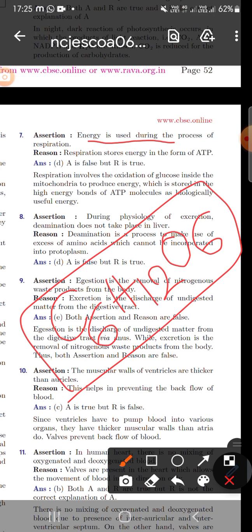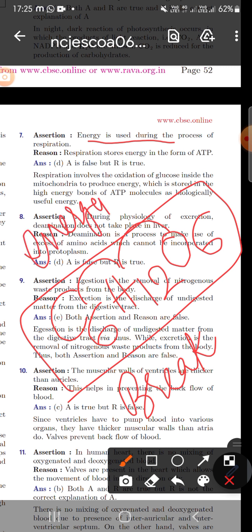You need to break the bonds existing between carbons, hydrogen, and oxygens. And when you are breaking the bonds, a lot of energy is actually released. So the assertion, that energy is used during the process of respiration, is itself a false statement. There's no need to even read the reason and waste your time.